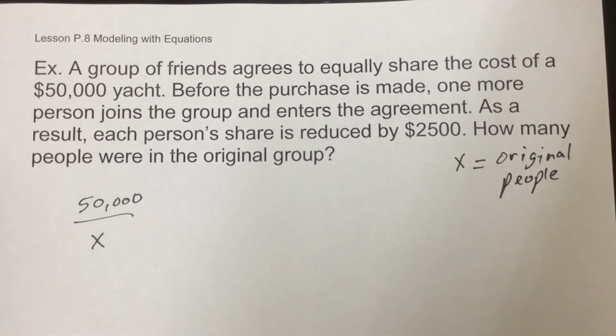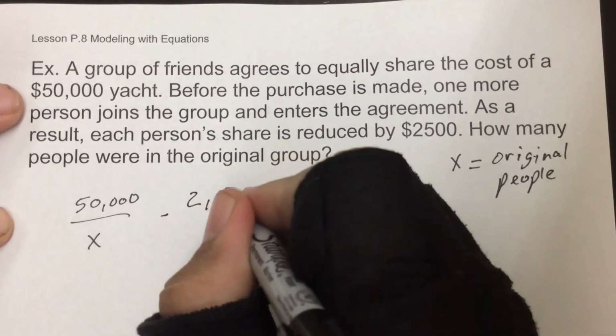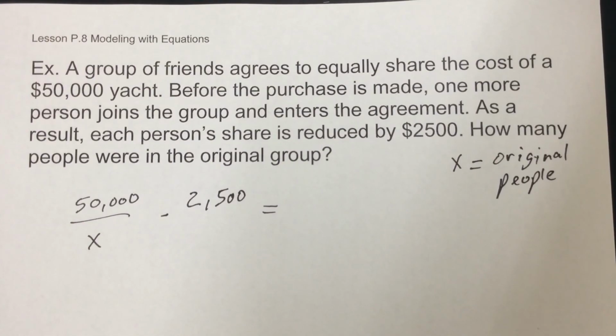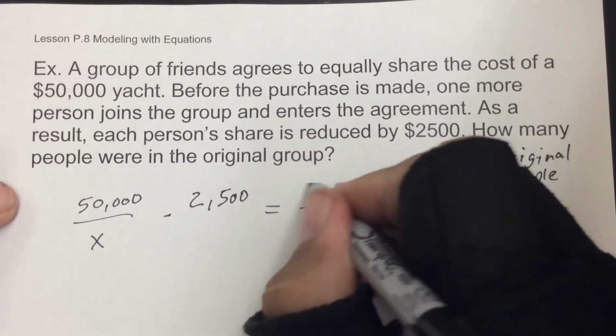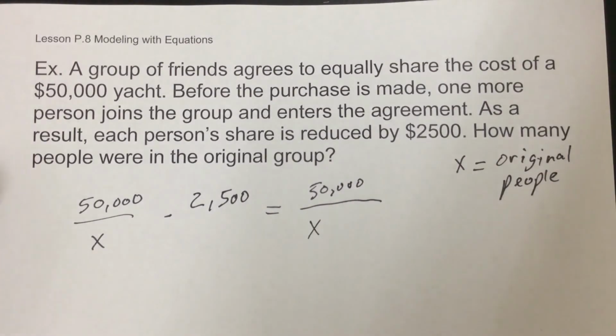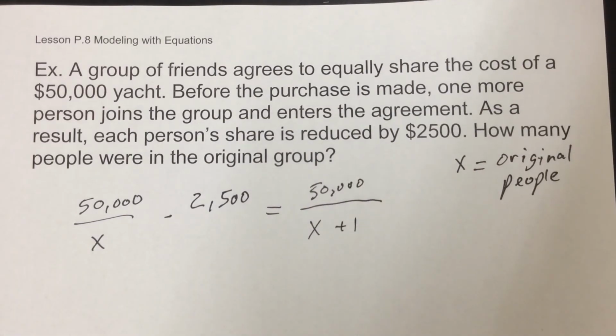Now, we know the share changes by 2,500, so we'd subtract 2,500 from that, and that's going to give us our new shares. So it's still the 50,000, only now we're not just dividing by X, we had one more person join, so we're going to be dividing by X plus 1.